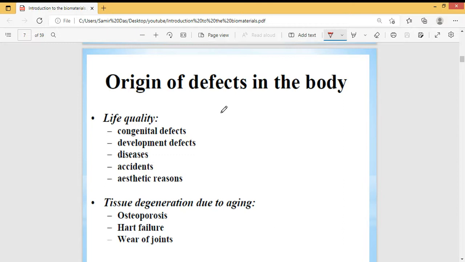So, defects are classified with life quality and tissue degradation due to aging.